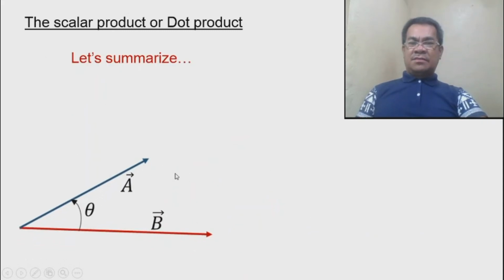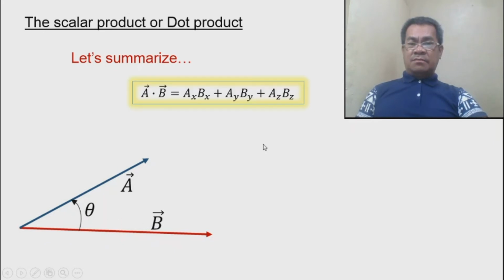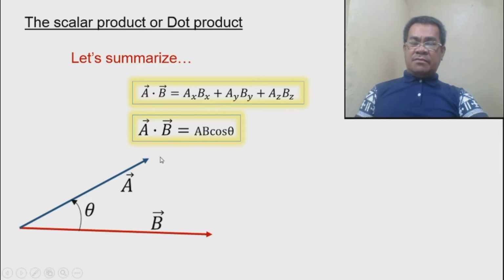Let's summarize the formula. Talking about the dot product, if we have vector A and vector B, and the angle is theta between them, then the dot product is AX BX plus AY BY plus AZ BZ, if this is expressed in terms of its unit vectors. No need to have the angle if this is expressed already in terms of unit vectors, so that you can solve for the dot product. Another formula is AB cosine theta.